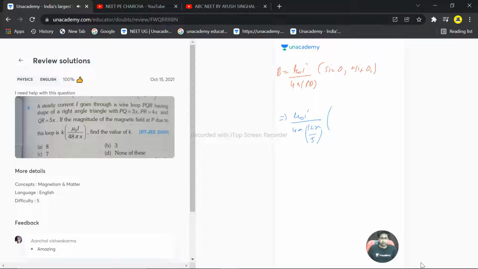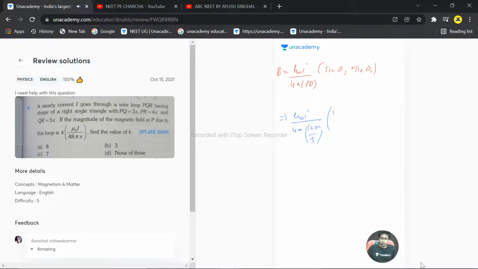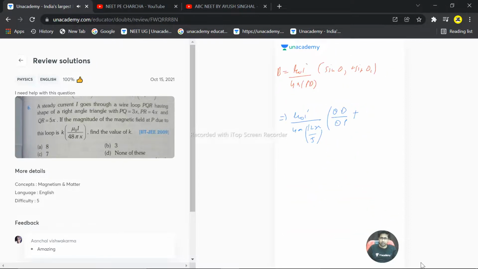What is sine theta 1? Sine theta 1 is QD divided by QP, where QD is y, plus sine theta 2, which is DR divided by PR.